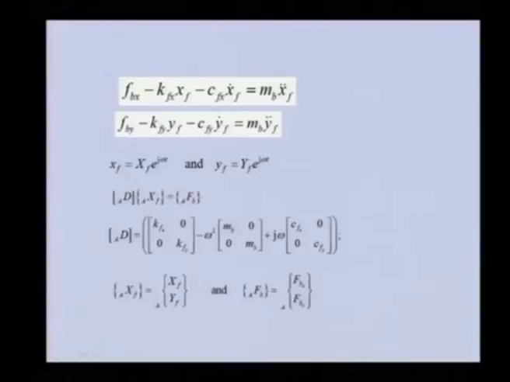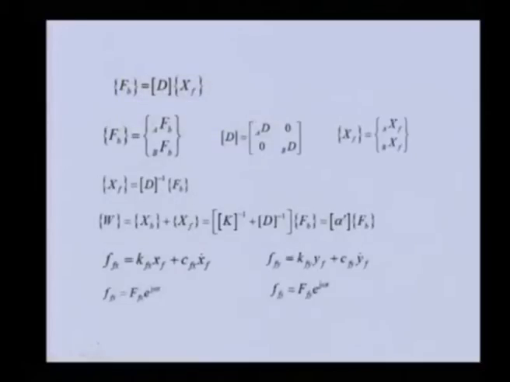Now, this particular expression we have written for one end of the pedestal. We can write a similar expression for the other pedestal, that is the B side or the right side, and now I am combining these bearing forces and pedestal displacements of the two bearings.